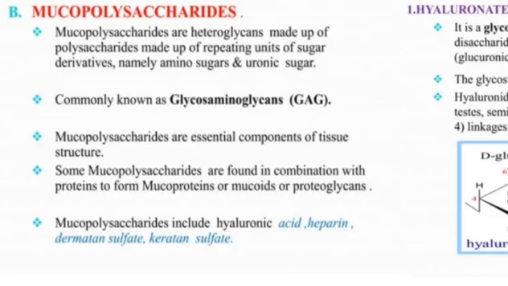They are usually components of tissue structure. Some mucopolysaccharides are found in combination with proteins to form mucoproteins or mucoids or proteoglycans. Mucopolysaccharides include hyaluronic acid, heparin, dermatan sulfate, and keratan sulfate.